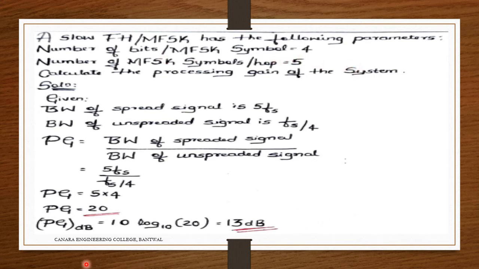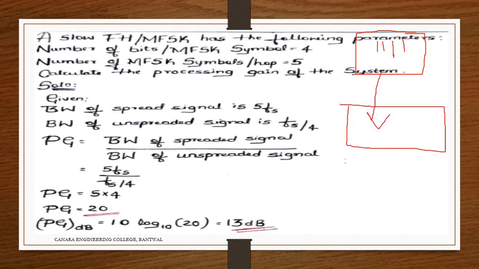There are 4 bits in one symbol transmission, and one frequency hop consists of 5 symbols, that is a total of 5 into 4, 20 bits. The 5 symbols are transmitted per hop.